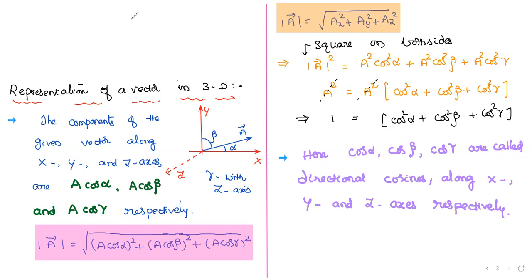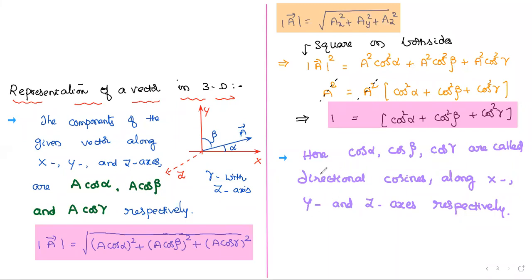It is called directional cosine. Cosine rule, Nana, cos rule in vectors. Directional cosines. So if I come to here, again the pink color box, this one helps us to find the 3rd directional cosine if you know 2 directional cosines.